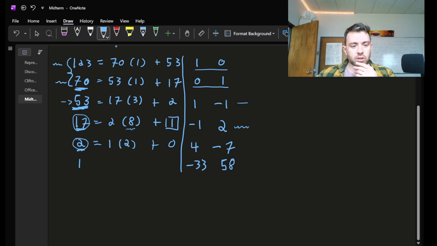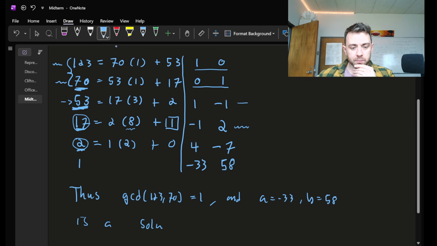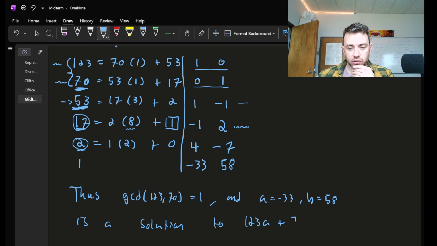So we would say something like, thus GCD of 123 and 70 is equal to 1, and a equals minus 33, b equals 58 is a solution to 123 times a plus 70 times b equals 1.